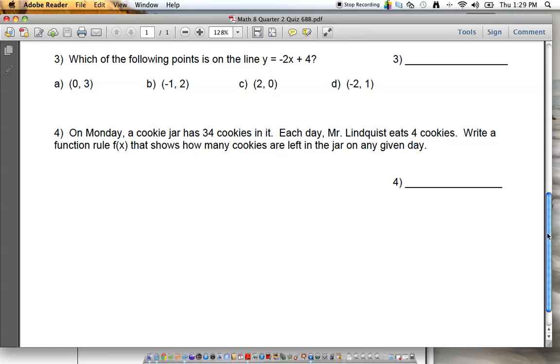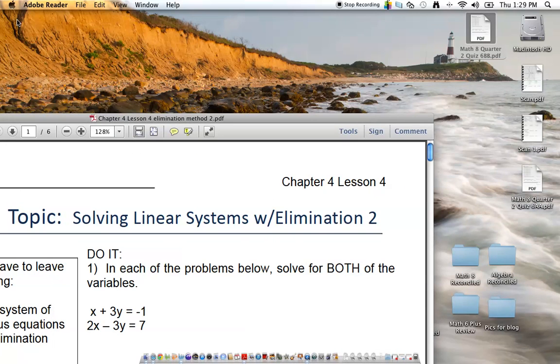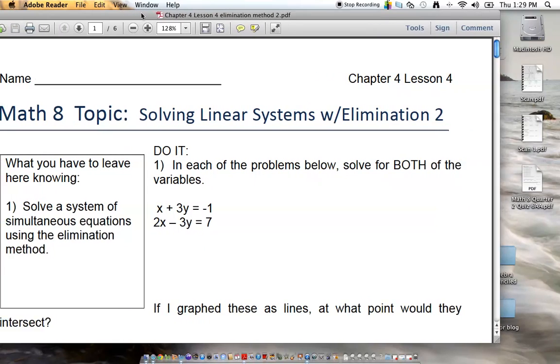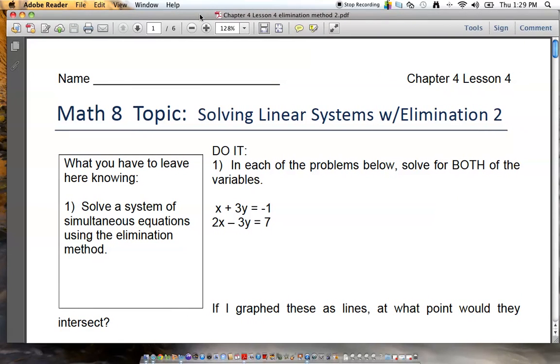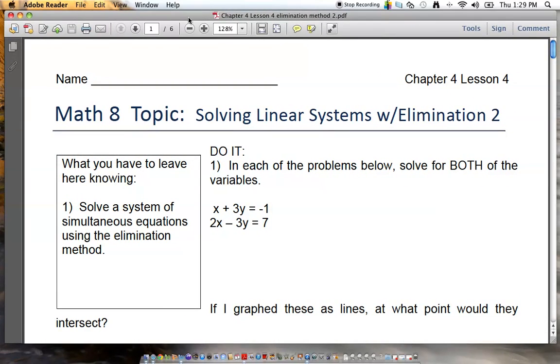The next thing that we want to talk about today is this elimination method of solving simultaneous equations.